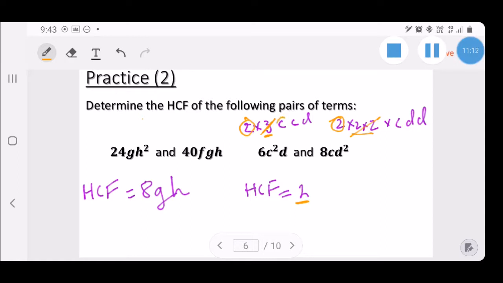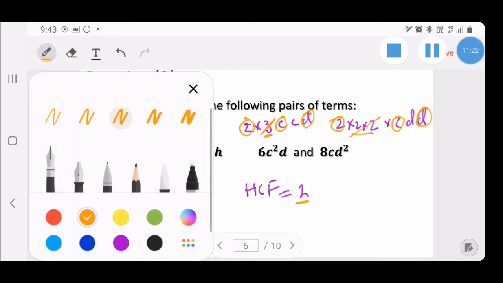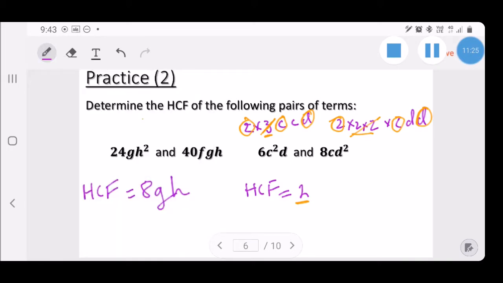Here's a c that's in common, and they both have a single d in common. All right, so I can write those down. They both had a c in common, and they both had a d in common. But look what's remaining. We have a d over here, but no d on this side. And we have a c here, but no c on this side. So we don't add another d or c to the highest common factor. We get 2cd.